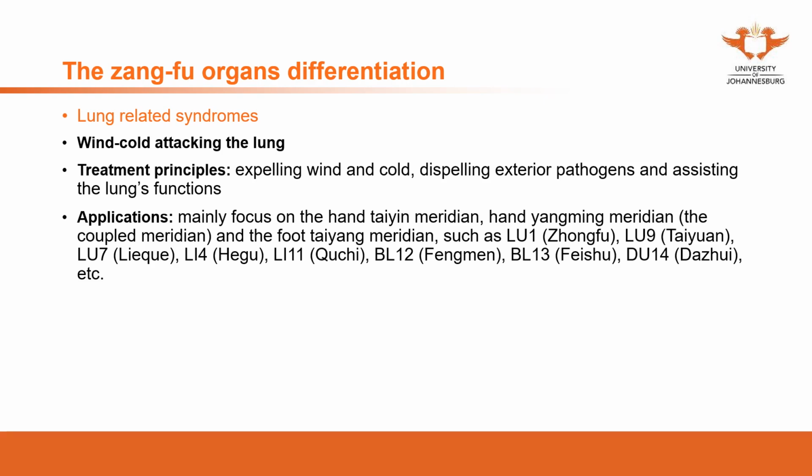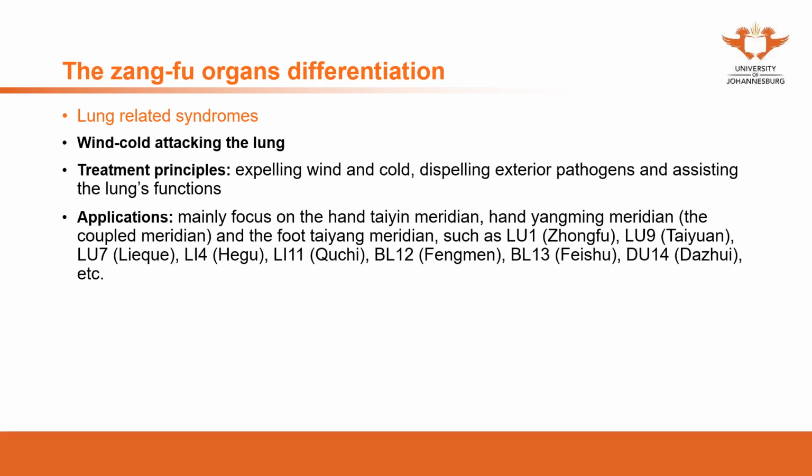More specifically, we still need to identify which pathogens. When cold attacks the lung, in this situation, you need to understand the wind and coldness. What are the characteristics of the wind and coldness? If you know the coldness, the patient may present with a pale tongue, thin white coating.